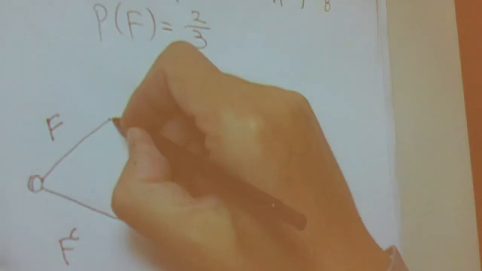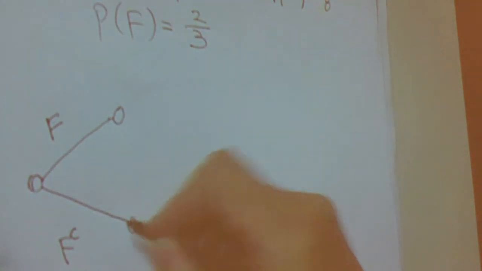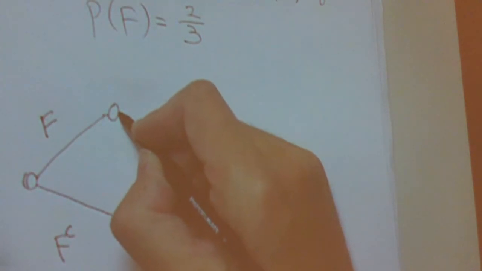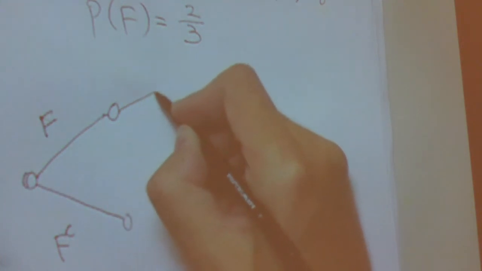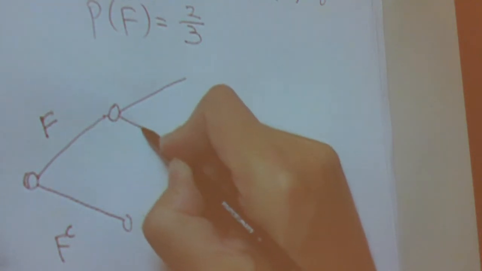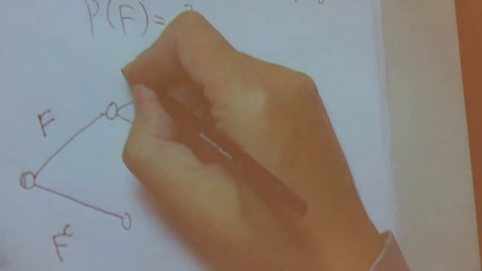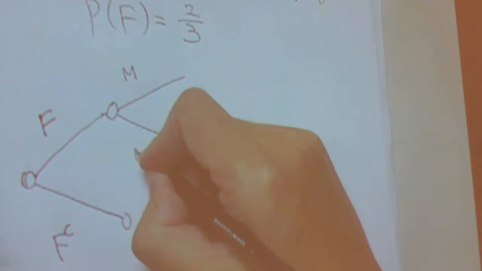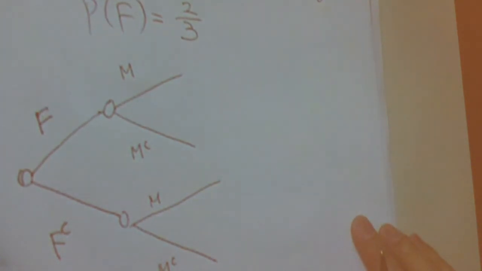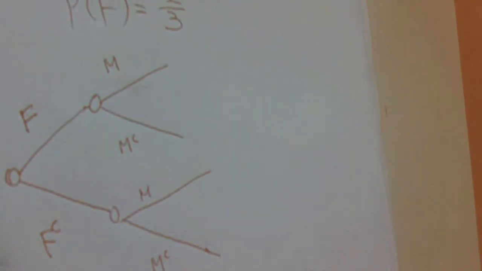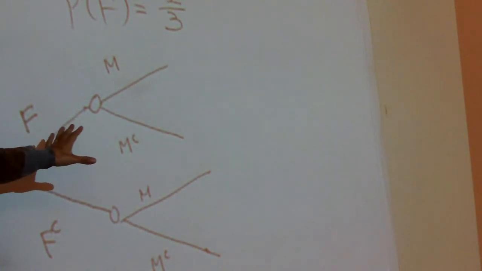How about the second stage now? Another node. Here, we're considering the business event. Either we make a profit or we don't make a profit. Is that right? So here I can put making a profit or not making a profit. Here we do the same thing. Making a profit, not making a profit. Everybody follows? It's not hard, right? So that is like a tree.